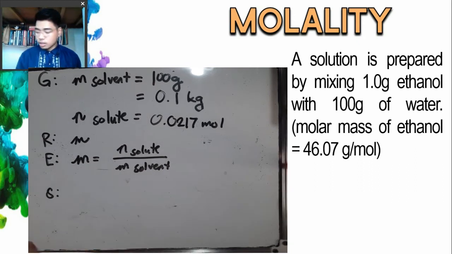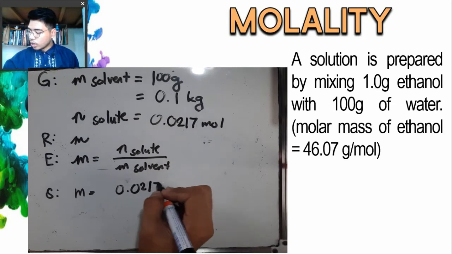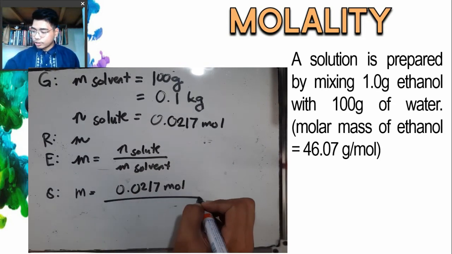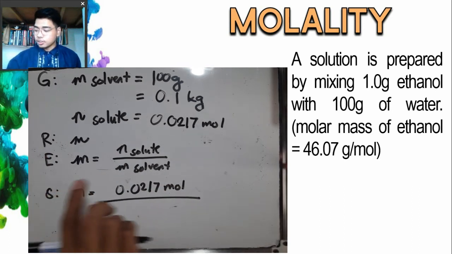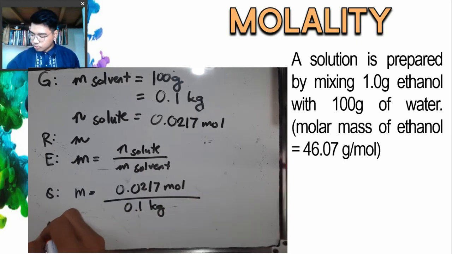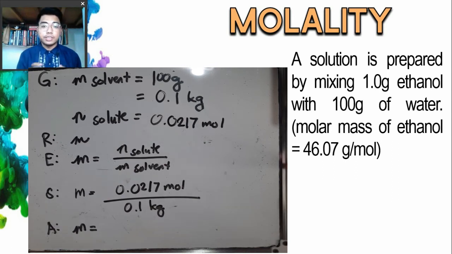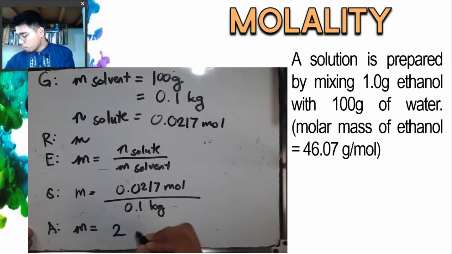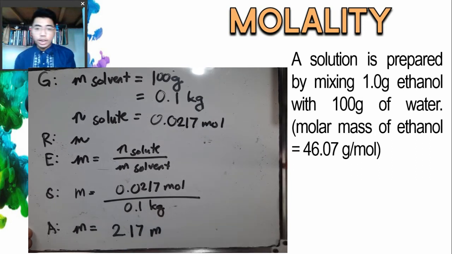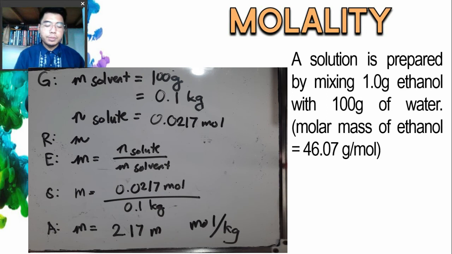For our solution, molality is equivalent to 0.0217 moles over the mass of the solvent in kilograms, 0.1 kilograms, and we arrive at the answer. The molal concentration of this solution is equivalent to 2.17 molal, or moles per kilogram. So this is the molality present in this concentration.